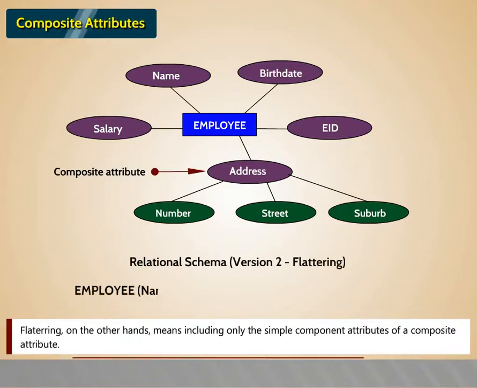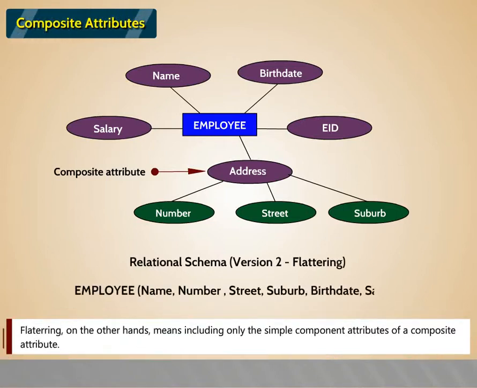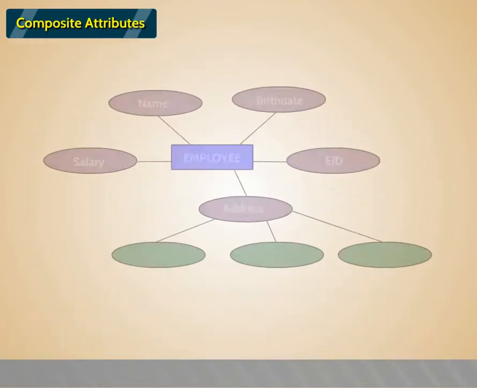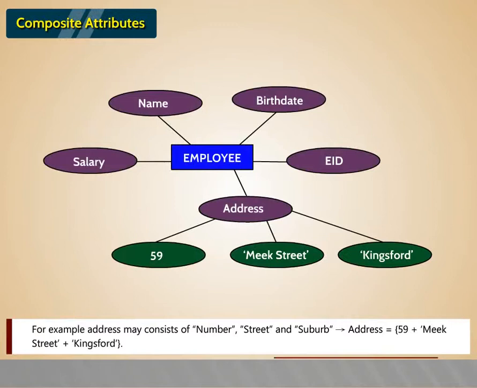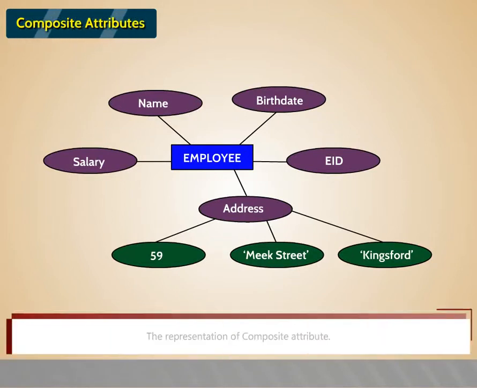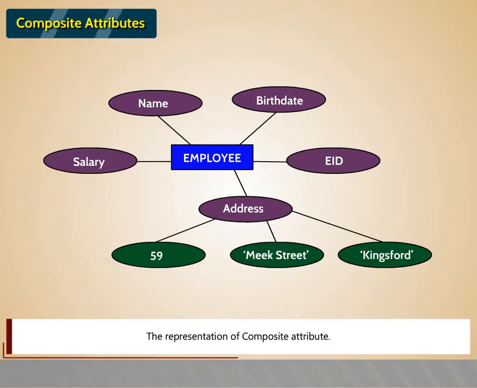Flattening, on the other hand, means including only the simple component attributes of a composite attribute. For example, address may consist of number, street, and suburb, giving address equals 59 plus Meek Street plus Kingsford. The representation of a composite attribute.